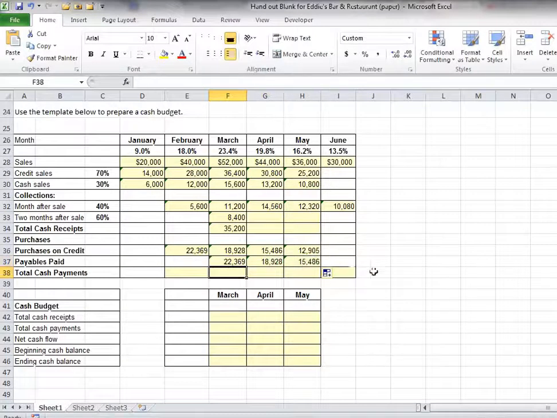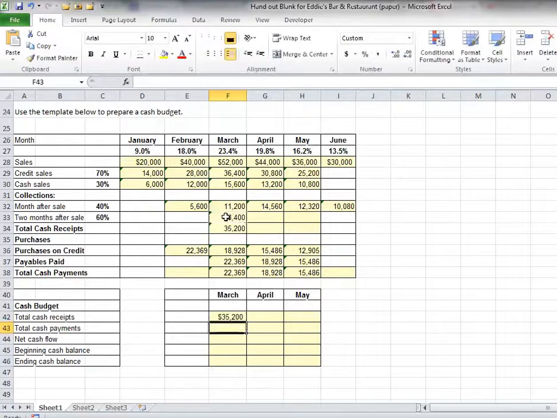So total cash payments. Seems like I'm doing the same thing twice, but kind of not, because I have to calculate sometimes different factors in here. So we're just going to keep it a little bit, total cash outflow. So total receipts from up here.